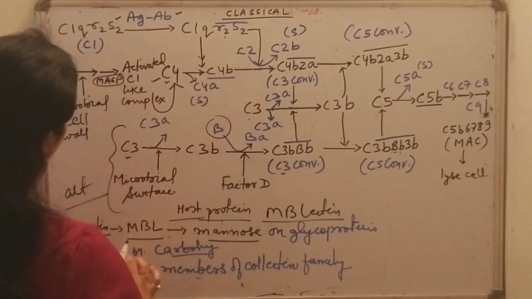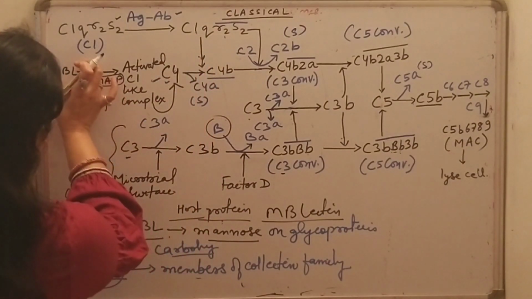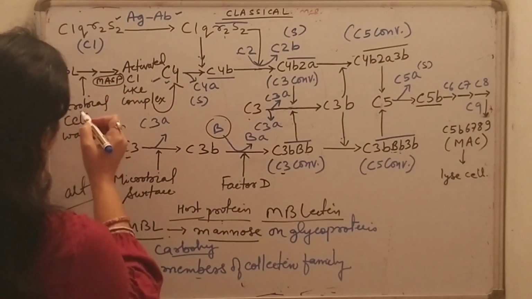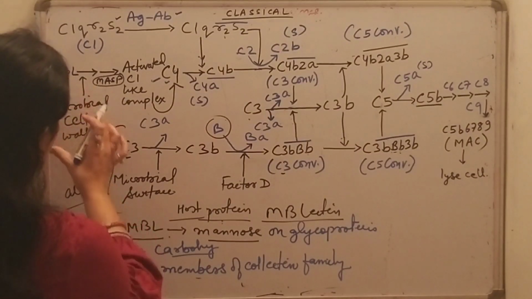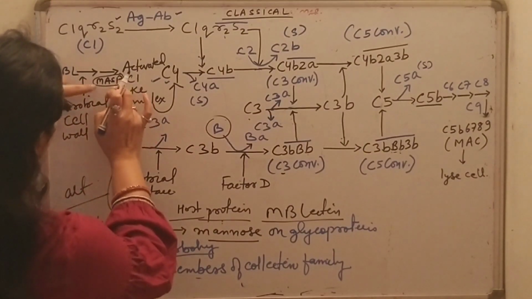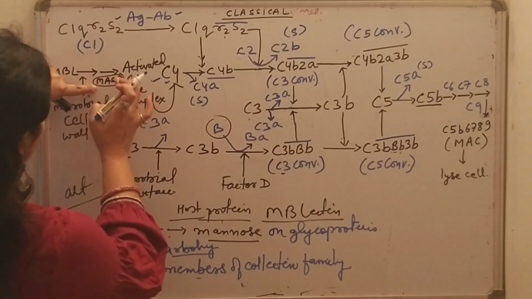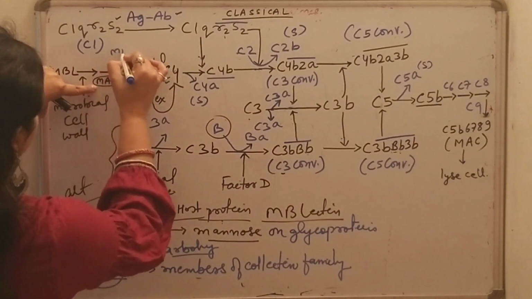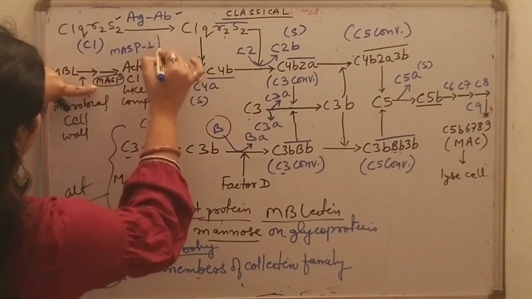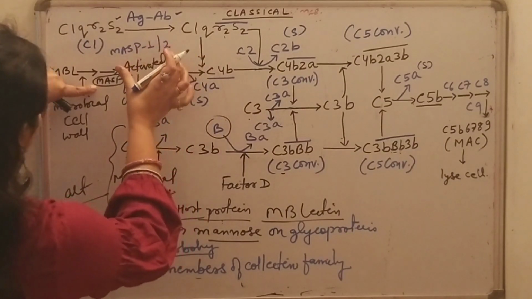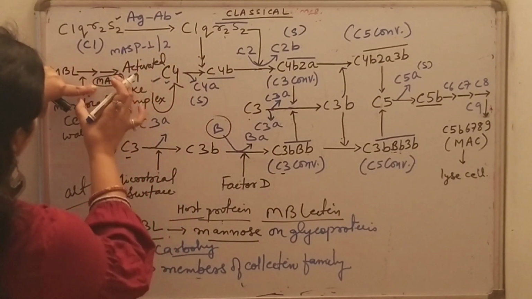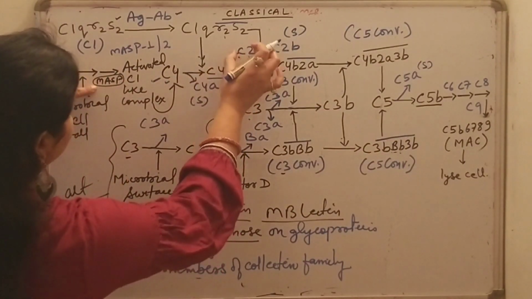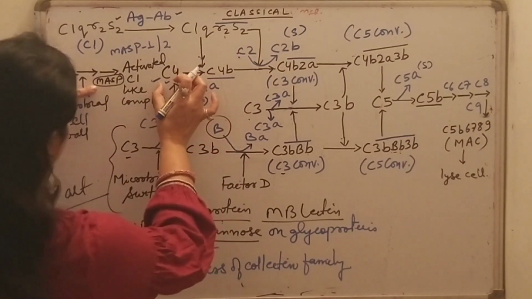After MBL binds to the carbohydrate residues on the surfaces of microbial cells or pathogens, the MBL associated serine proteases, MASP1 and MASP2, bind to the MBL, and the active complex formed by this association causes cleavage and activation of the C2 and C4 complement proteins.